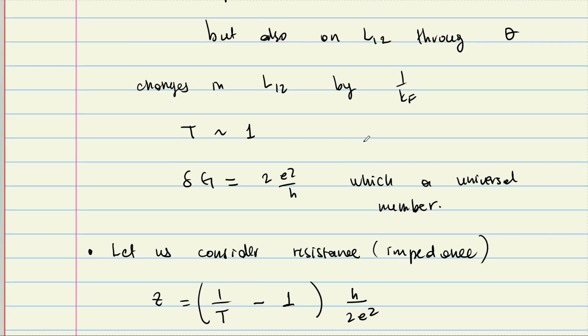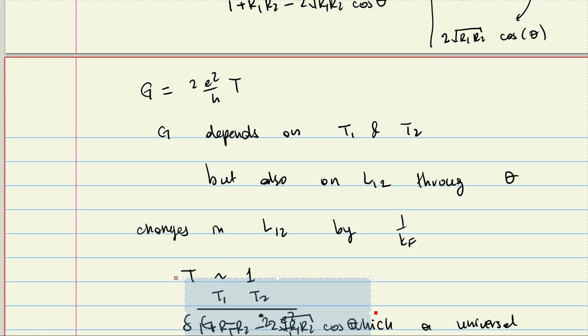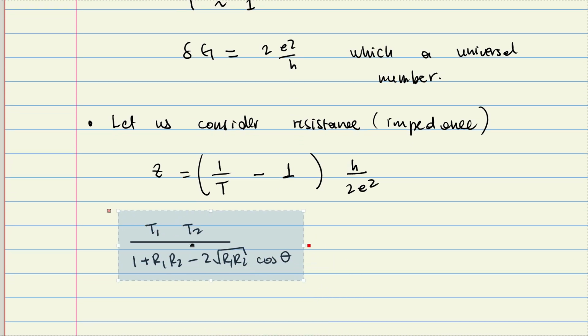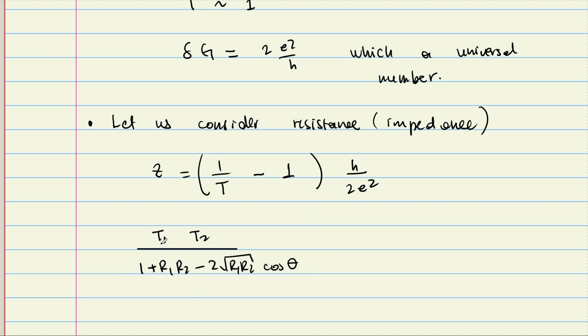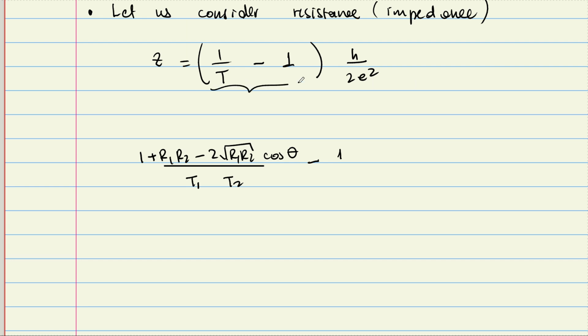Then I have this T, so this is 1 over T minus 1. This is what I'm trying to calculate here.